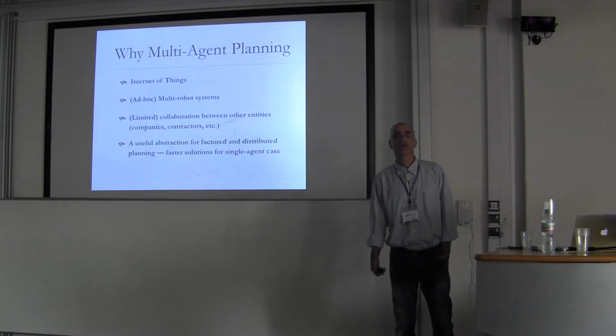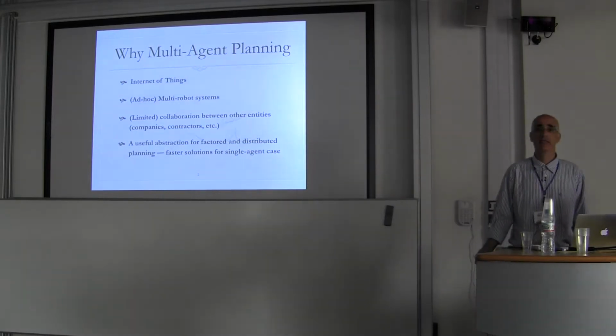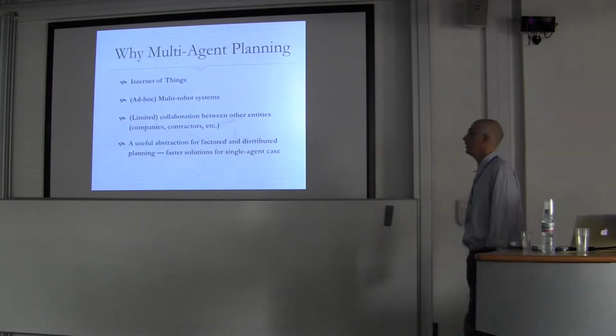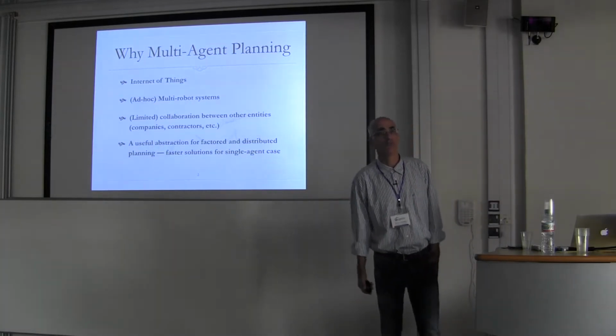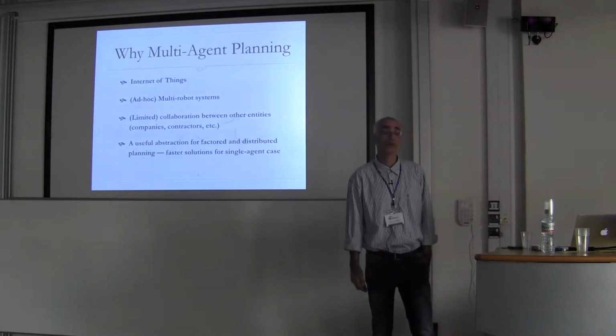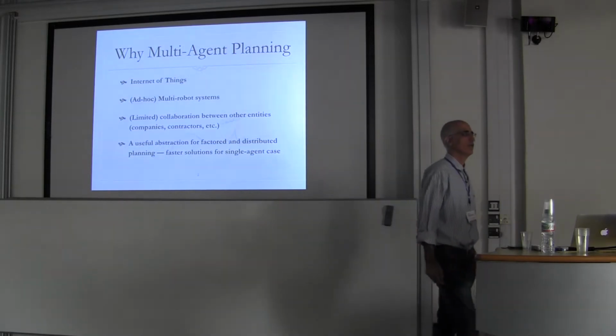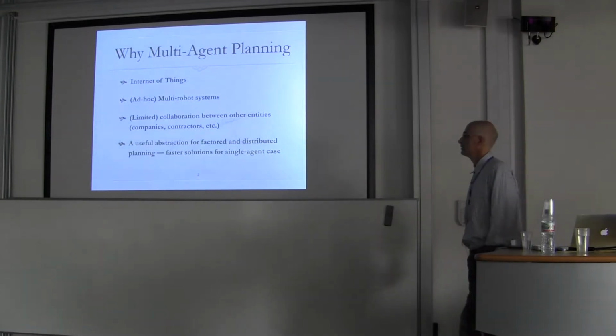But even if we don't go to this high-tech world, we think about other entities like companies and contractors who can benefit from working together, can maybe produce something together that they cannot produce on their own. Then planning can be useful for them to generate the right process.